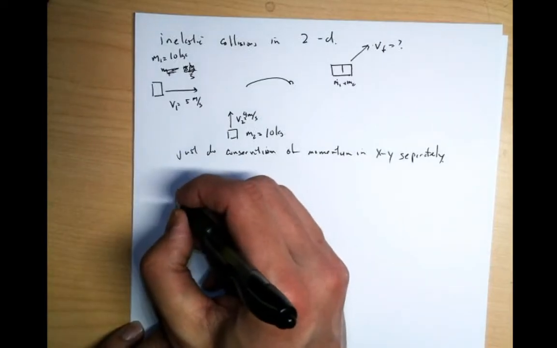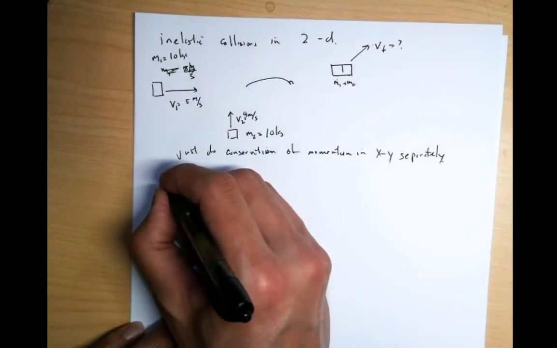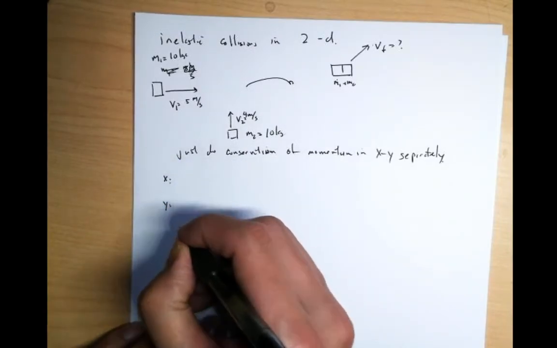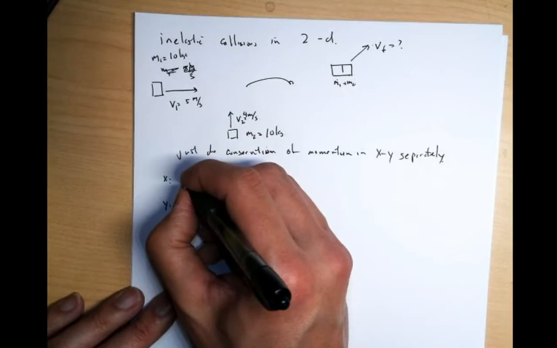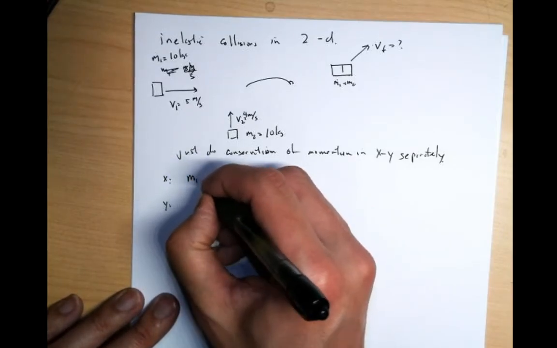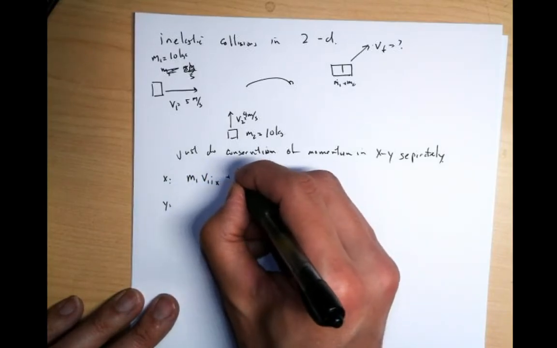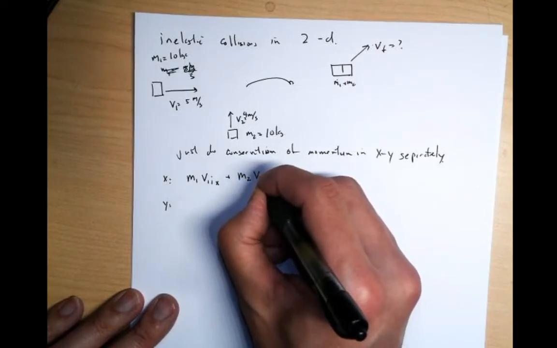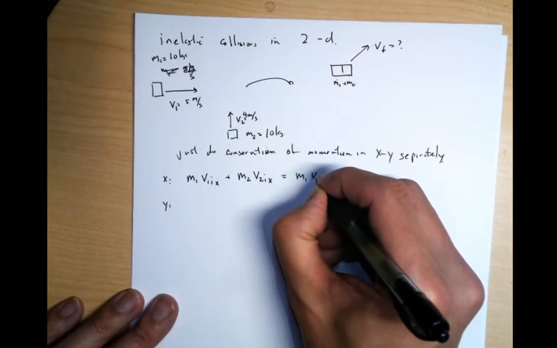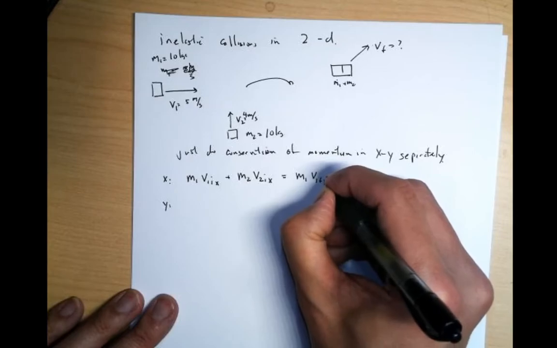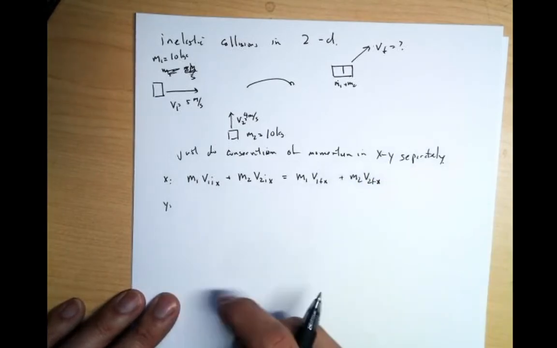Let's consider the X component and the Y component here. This is going to be a little crazy to subscript, so I'll write it nice and big so you can see it. This is M1 V1IX plus M2 V2IX, equal to M1 V1FX plus M2 V2FX.